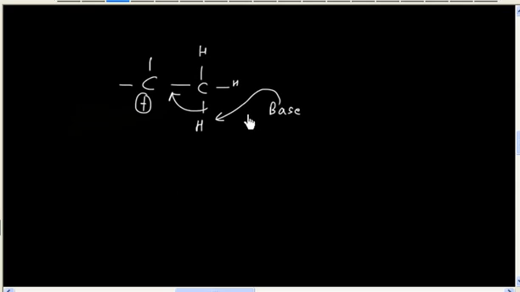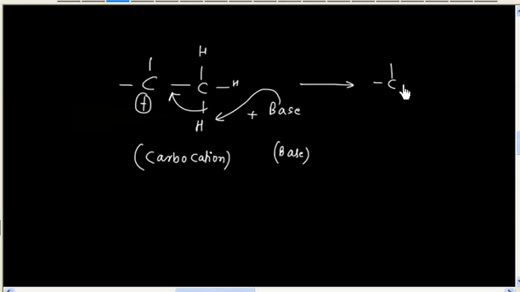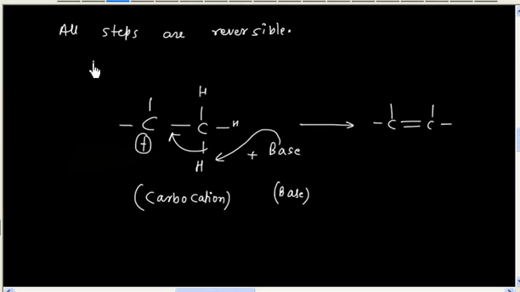So we have a carbocation and we have a base. This base can take an H plus and it will form alkene. So this is the E1 reaction, elimination unimolecular.